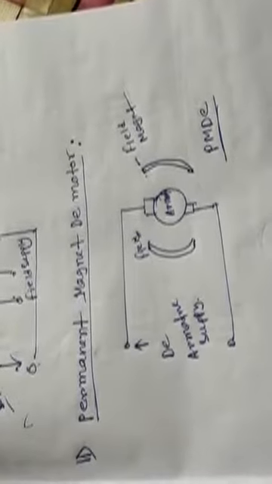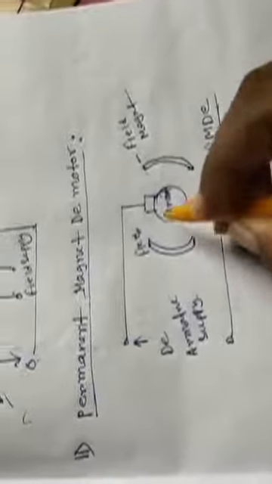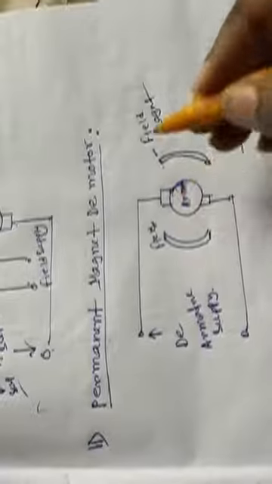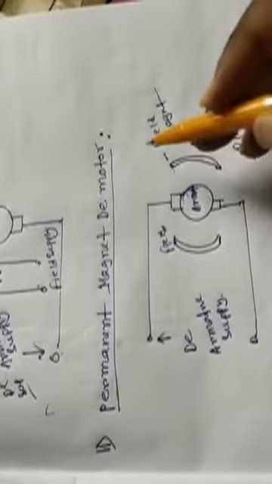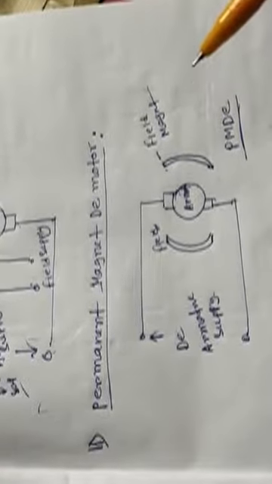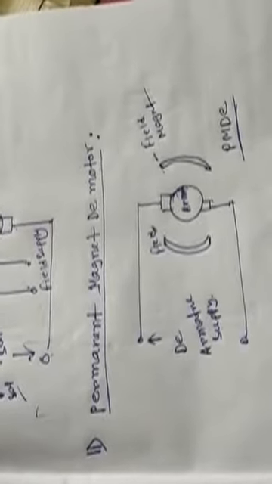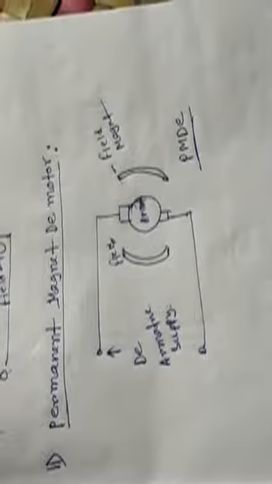The construction of this type of DC motor is such that radially magnetizing permanent magnets are mounted on the stator. There are mainly two parts in any type of motor: the outer part is called the stator, and the inner peripheral part is the rotor. The permanent magnets are radially magnetized and mounted on the inner periphery of the stator core to produce the field flux.